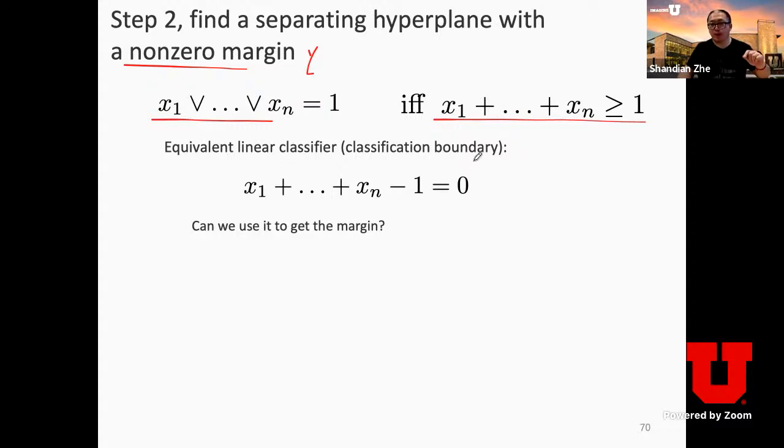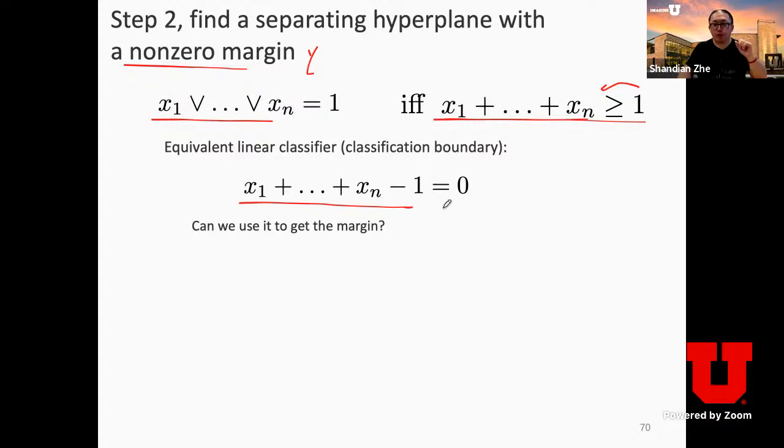This inequality implies that at least one variable takes value 1. From this inequality, we can construct our equivalent linear classifier. We just move 1 to the left-hand side, and we construct our separating hyperplane, which is the summation from x1 to xn subtracted by 1 equals 0.